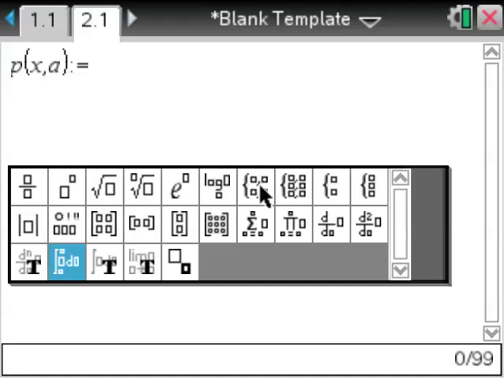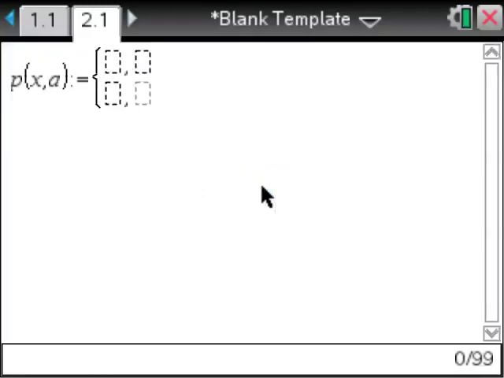Now for this particular one we've got three pieces to this function, but I'm only going to use two. So I can jump straight in with this template and just type in a times x, and the condition here is naught is less than or equal to x.